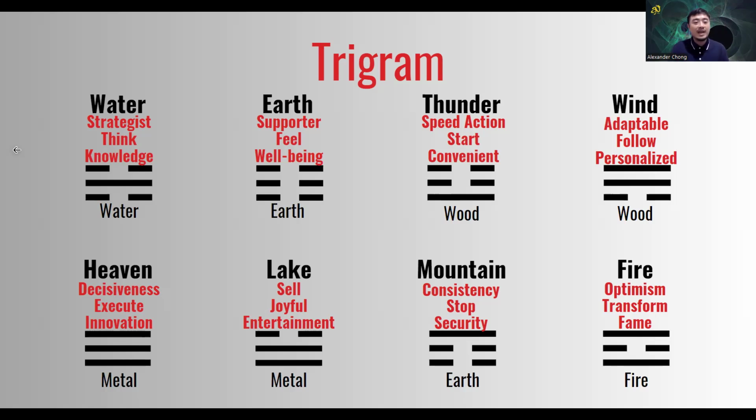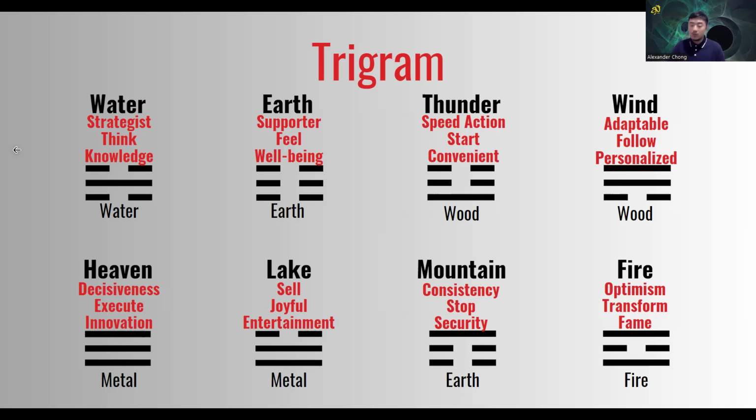Fire element will be related to fame. But I think from Kara, whatever you're trying to do is most likely transforming something. Fire into something, transforming your path, transforming your current circumstances. There are certain things that need to be transformed.